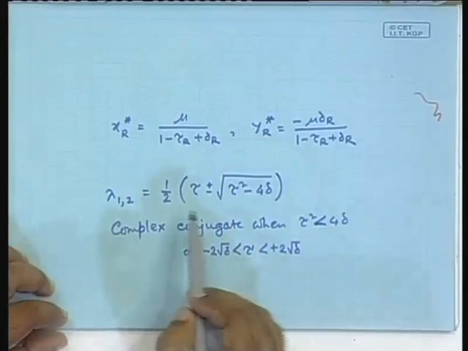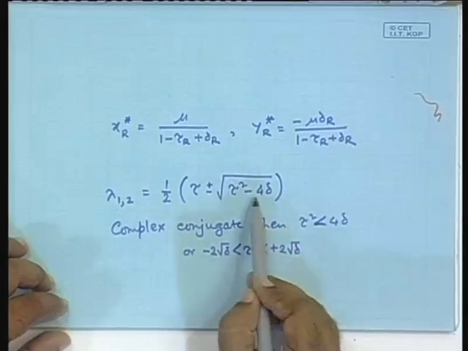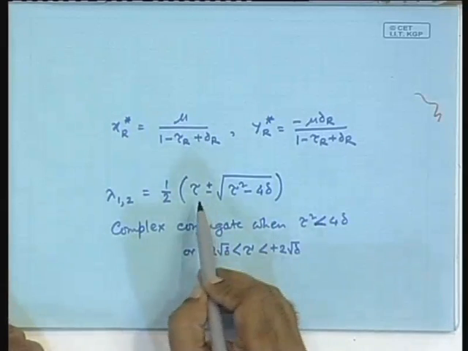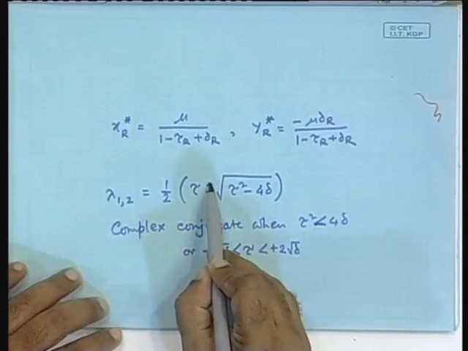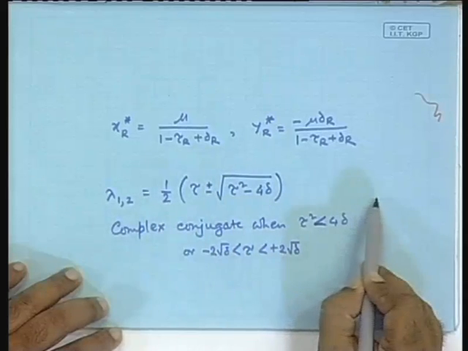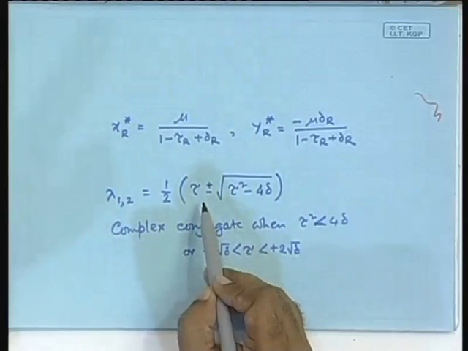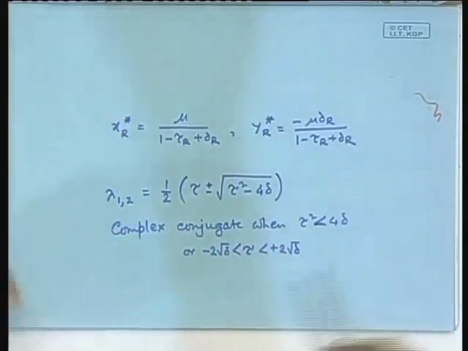Okay, let us now find out what is the condition for the real eigenvalues stability. Can you just work it out? Take the plus and make the whole thing equal to 1. Take the minus and make the whole thing equal to minus 1. Do it.